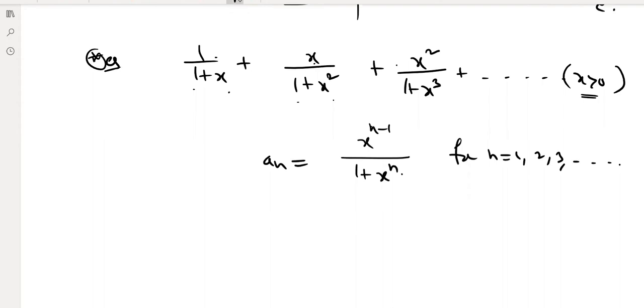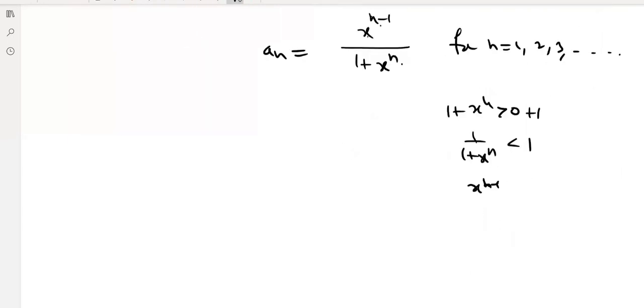Already you're given x is positive, so x power n is also positive. 1 plus x power n is always bigger than 1. Therefore 1 by (1 plus x power n) is less than 1. Multiply with x power n minus 1, because this is a positive term.